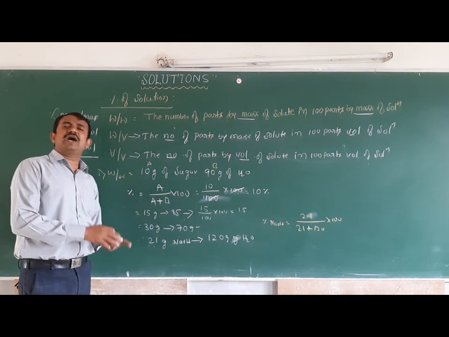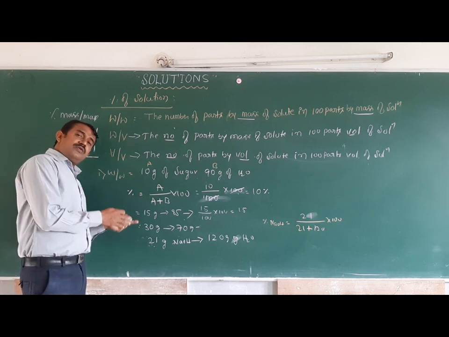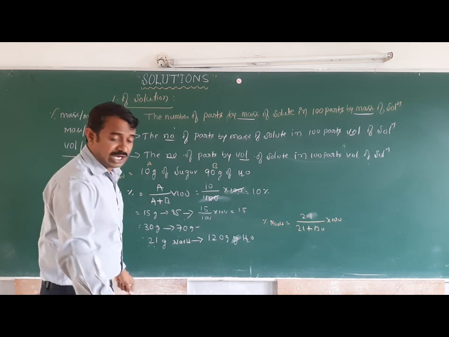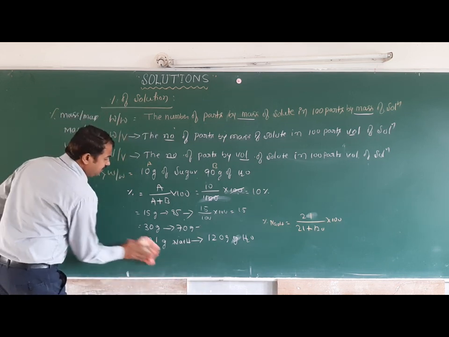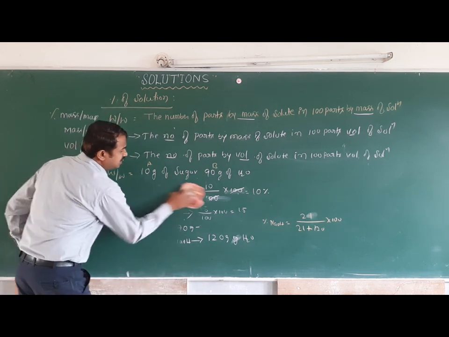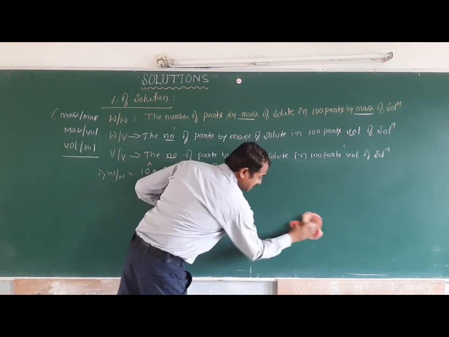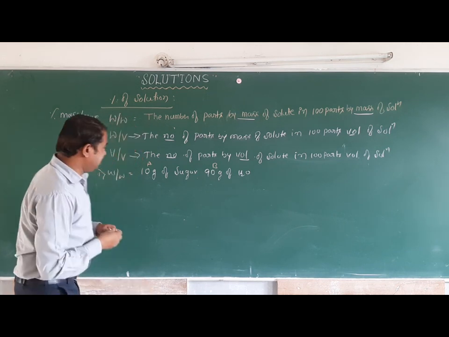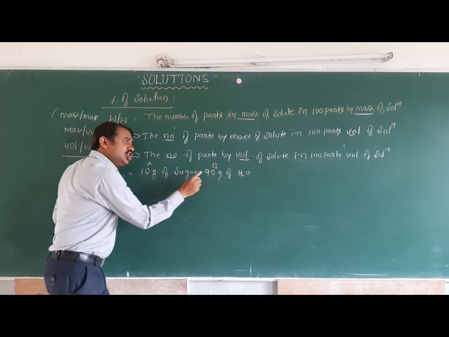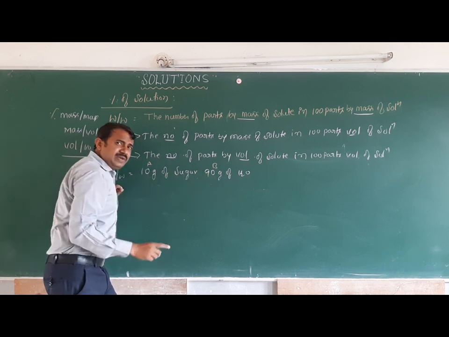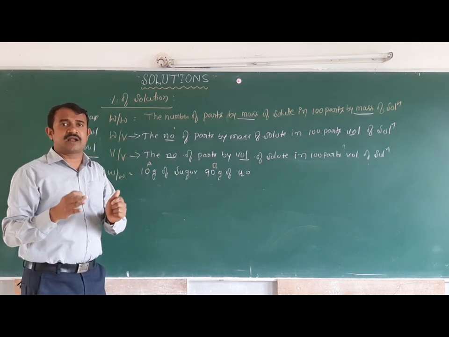Mass by volume and volume by volume are the same, but we mention gram and volume. Listen here: 10 gram of solute is present in 90 gram. If it is gram by gram, the total should be 100 gram.